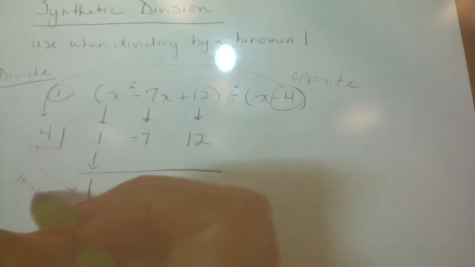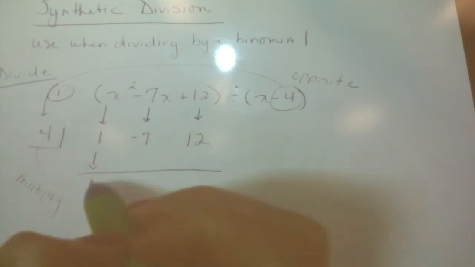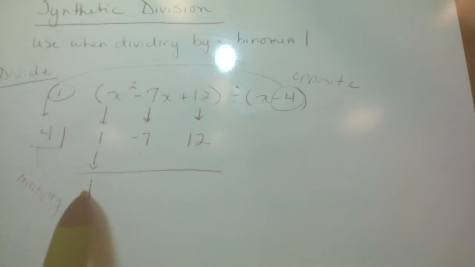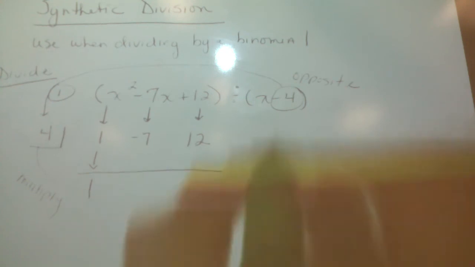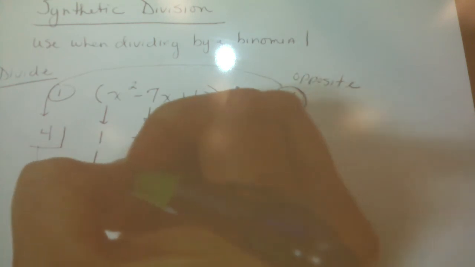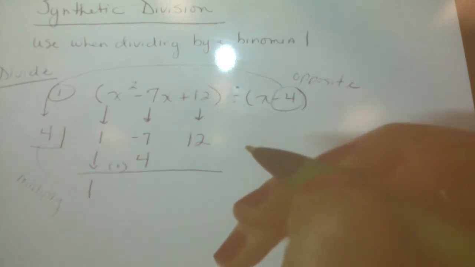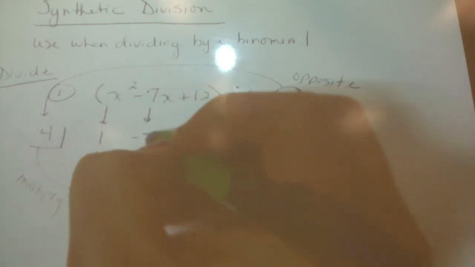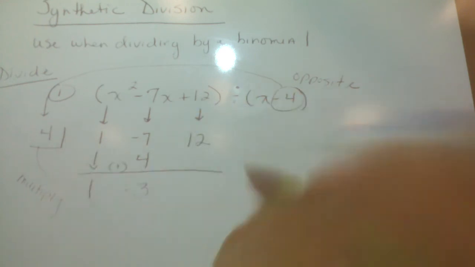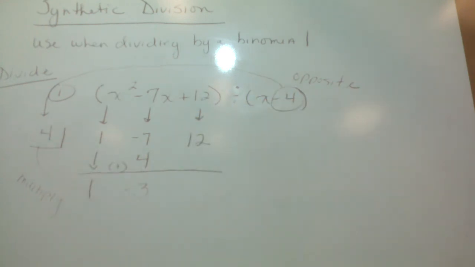So multiply. 4 times 1 is 4. I'm going to put it right underneath that next blank spot. And then I'm going to add. Add this up. Negative 3.